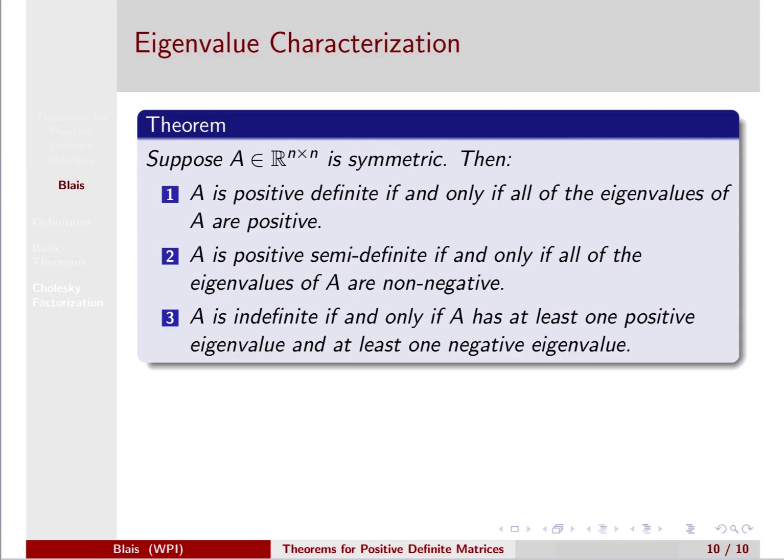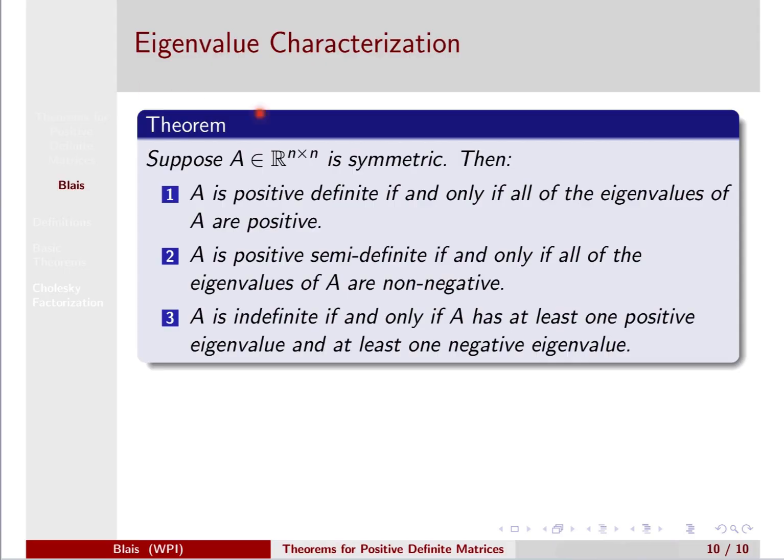Now, in summary, these are all important theorems dealing with positive definite, specifically symmetric positive definite matrices. It's good to be familiar with them. It's good to know how to use them. It's good to know how to prove some of these things. There will be another lecture where we prove a couple of these just to illustrate some of the techniques and how it's done. But when you deal with positive definite matrices, these are handy things to think about.